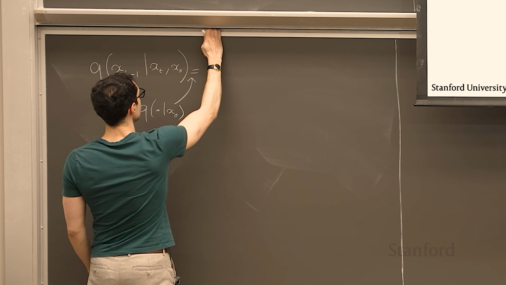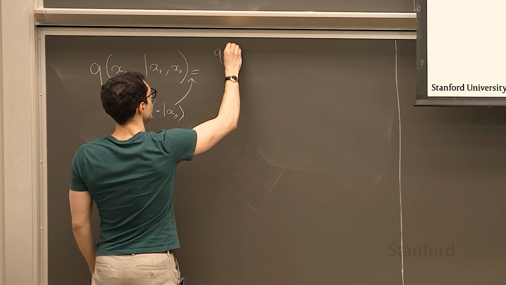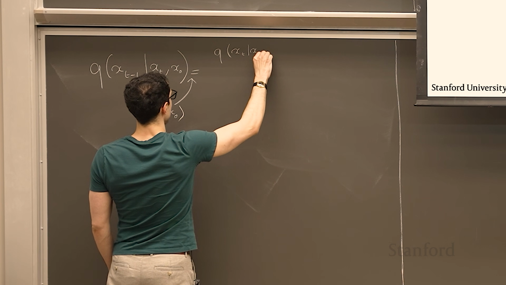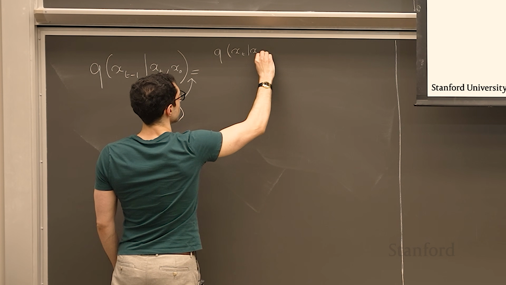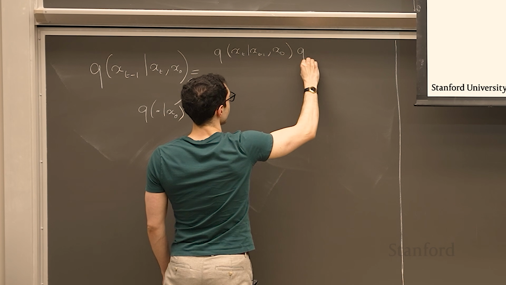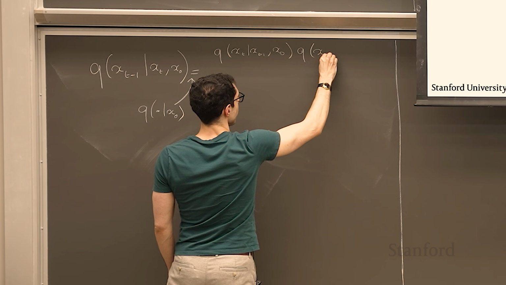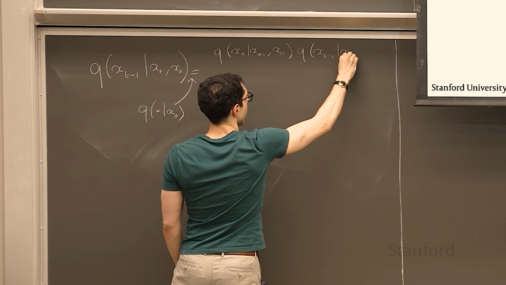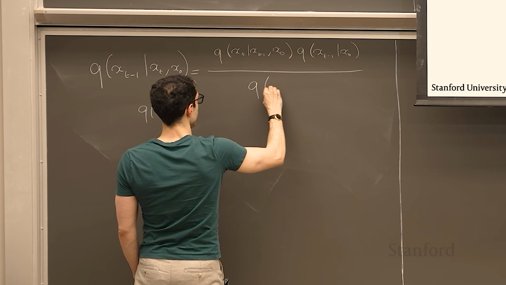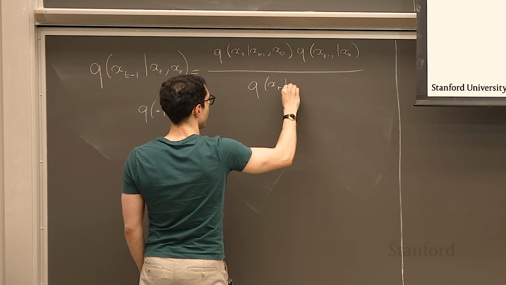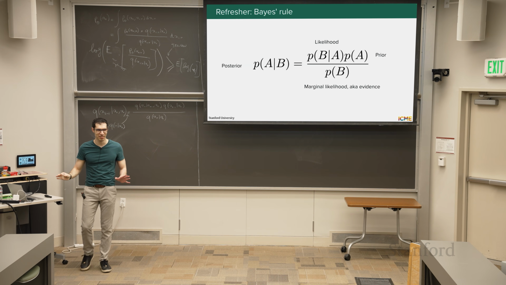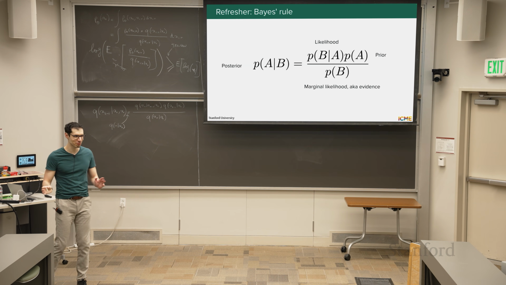So it's equal to Q of xt given xt minus 1 and x0, times Q of xt minus 1 given x0, over Q of xt given x0. You all agree? I'm just doing Bayes' rule.